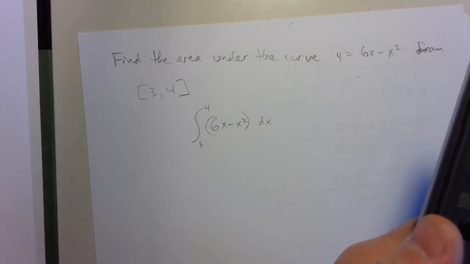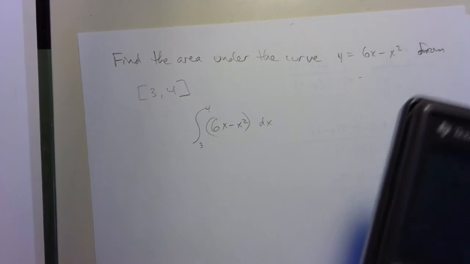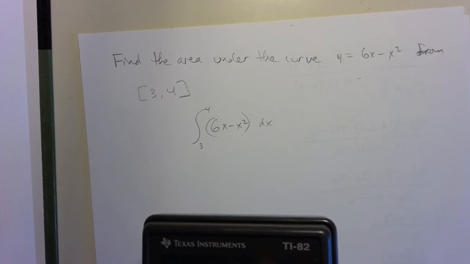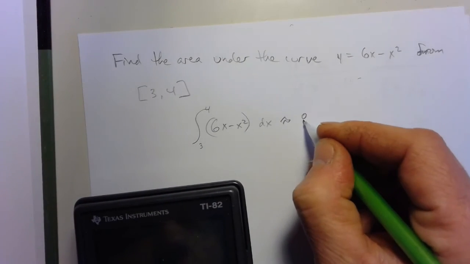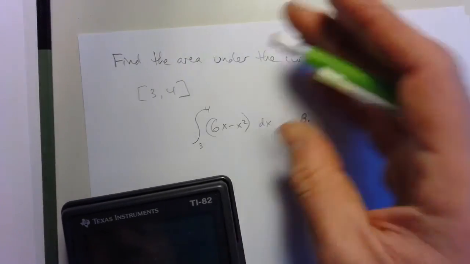This section says just put it into your calculator. So you go math, number 9, to get fn int. Put in your function, making sure you put an open parenthesis before you put the function in. Just plug in all that information, and you'll get, actually this comes out to exactly 8.6 repeating.